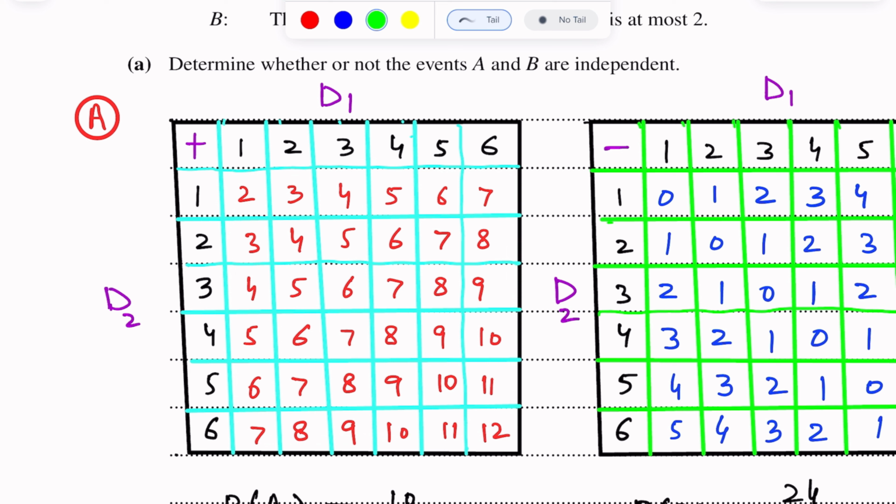Sum is less than 6, we can take only these numbers: 2, 3, 4, 5, 3, 4, 5, 4, 5, 5. These are the numbers in which the sums are less than 6.